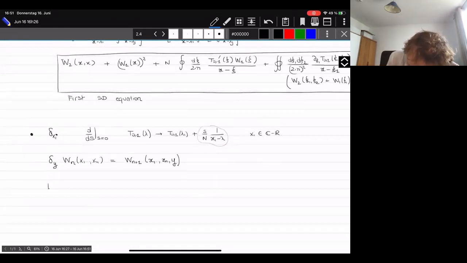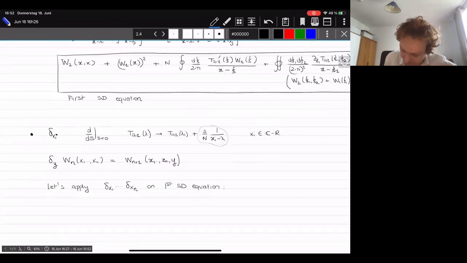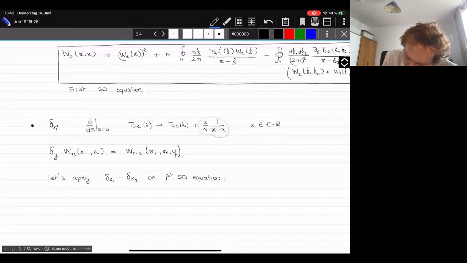So let's apply delta x1, I mean, many times this operator, on the first Schwinger-Dyson equation. So I act on W2 xx. So here we're going to get Wn plus 2 xx and then x1 xn.